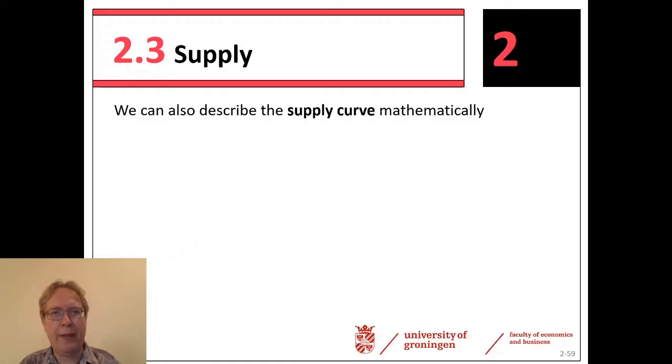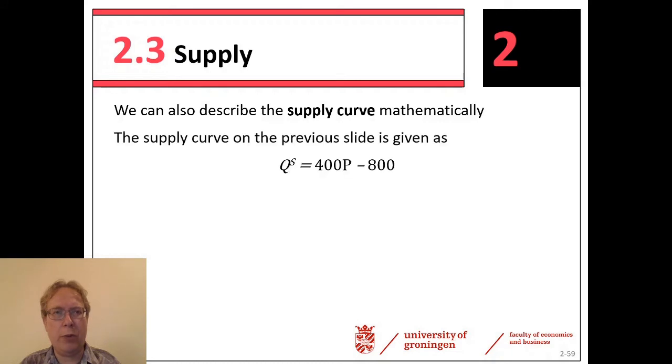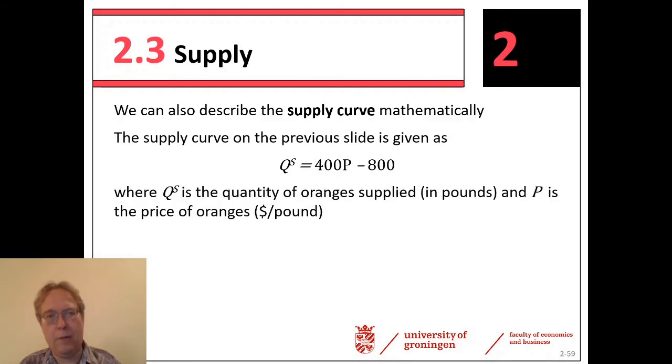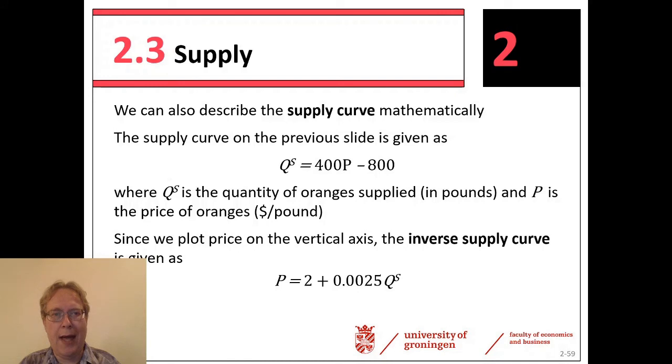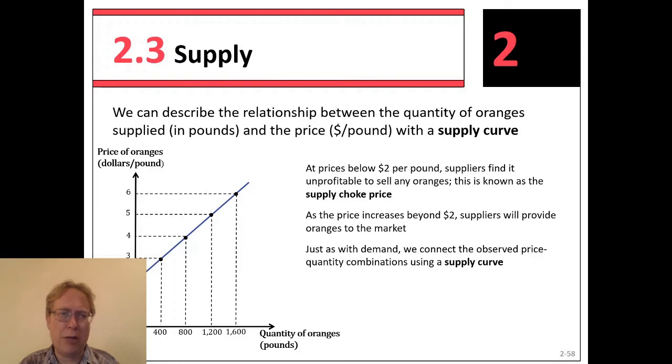We can do that mathematically again. The supply curve that we just had is given by this expression here. You can check that if you like. QS is now the supply. Again, P is the price. And you can also do the inverse supply curve. Same reason as before. If you think of this graph, then actually you have something with price on the vertical axis.